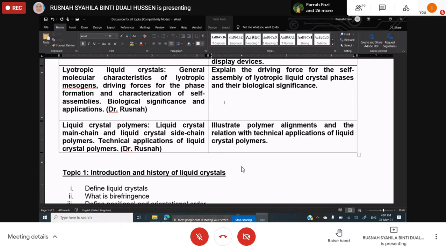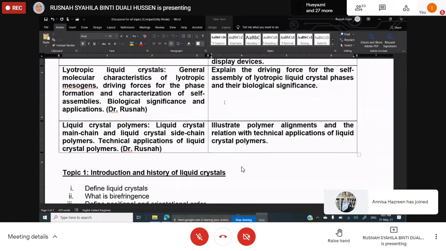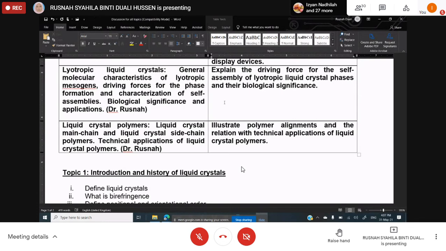In that topic, the course learning outcome is that students should be able to illustrate polymer alignment and the relation with technical application of liquid crystal polymers. I hope that you should be able to clearly distinguish the application of main chain and side chain polymer liquid crystal, because they maybe sound similar, they are made of polymer.